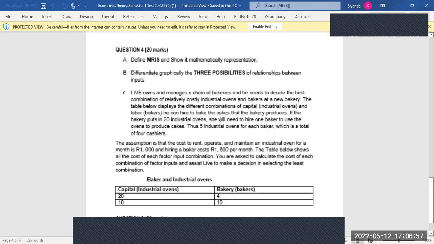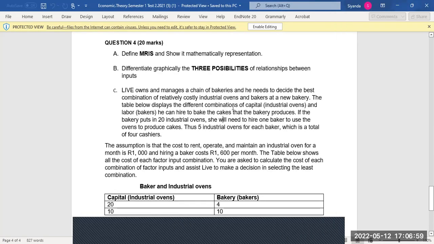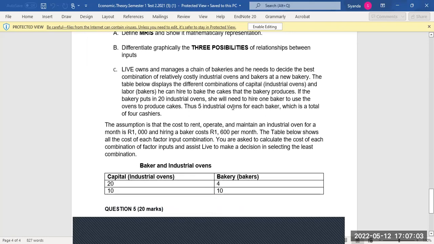So you see what is happening now is that this is the baker and industrial ovens. What happens here is that we do not need more bakers than industrial ovens. And also, we do not need more industrial ovens than exceeding the number of bakers, right?